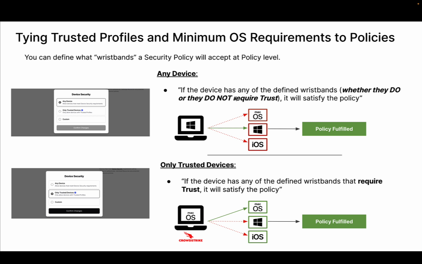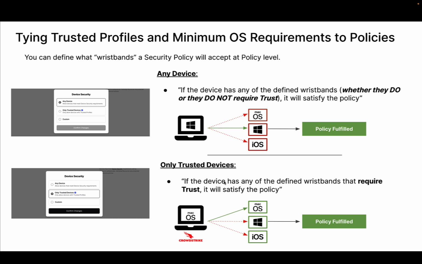So if your minimum OS requirements require biometrics and that's it, the device that can get in will have to have biometrics implemented, but will not need to be verified by TwinGate. Inversely, if you select only trusted devices, the devices that are going to have access to things are going to be the devices that are trusted or verified by TwinGate, whether that is through native verification and or EDR verification. What if you want to do both though?